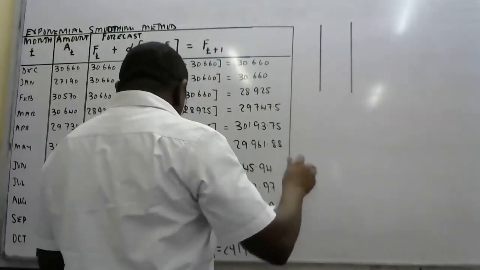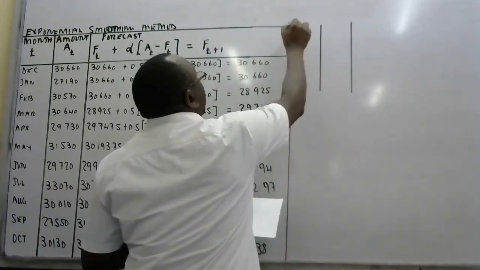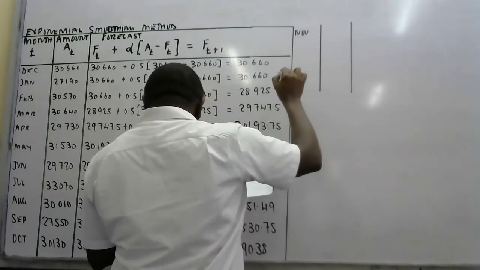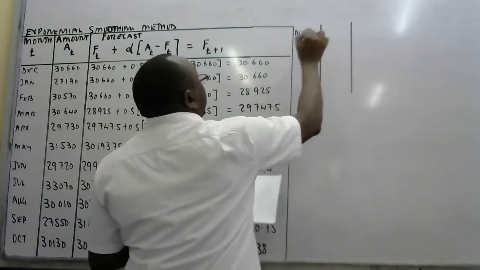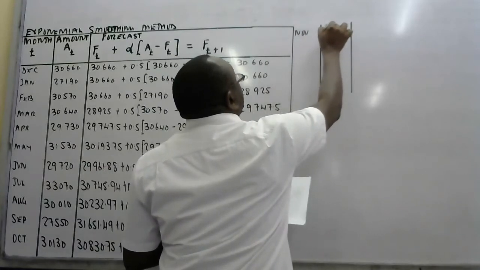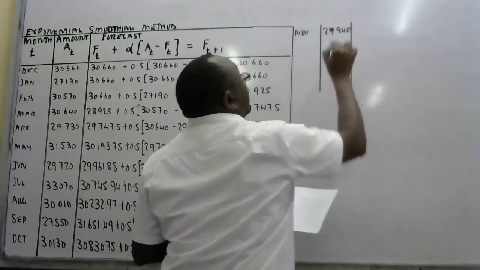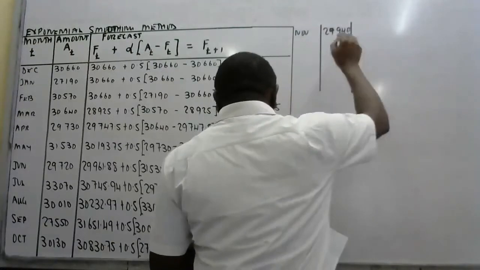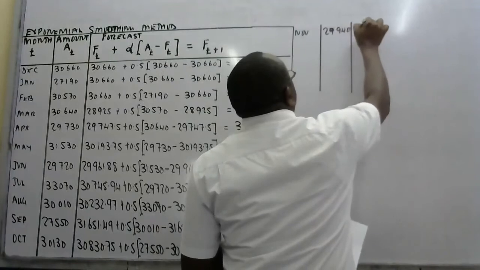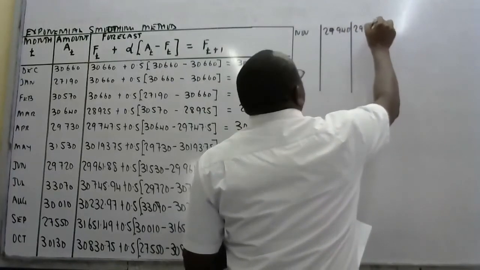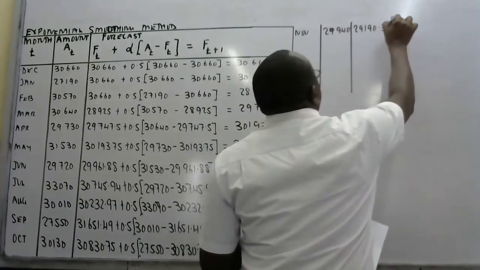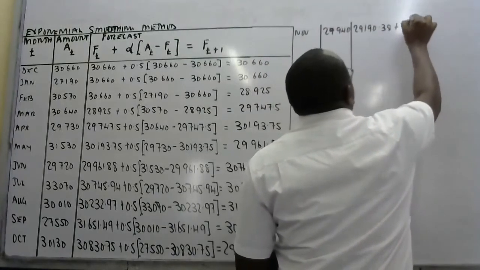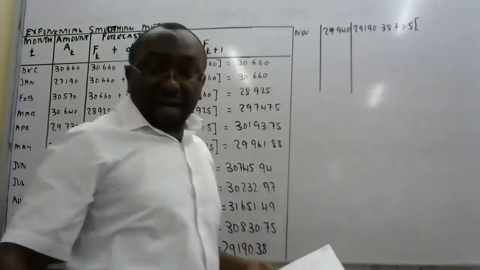So then we go to November. November, we have 27,940. So we are going to talk of 29,190.38 plus 0.5 into brackets.